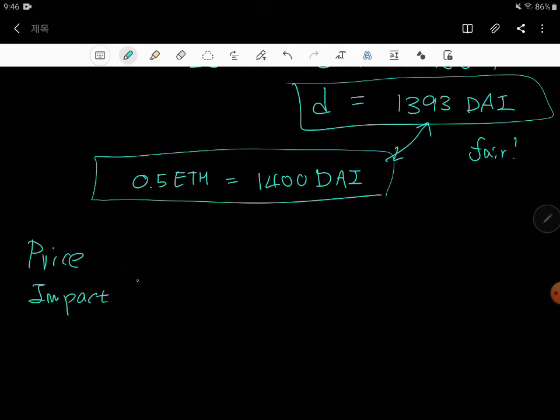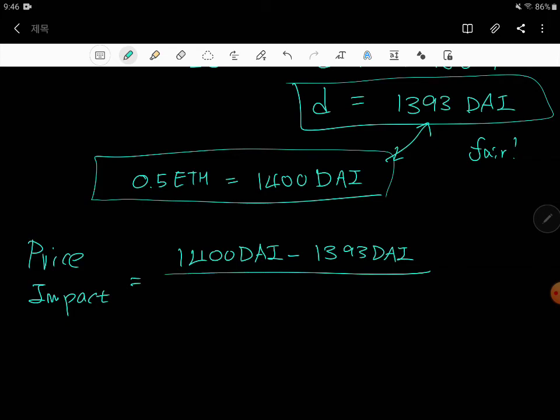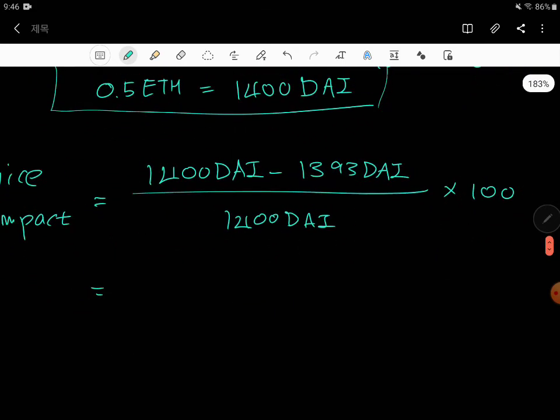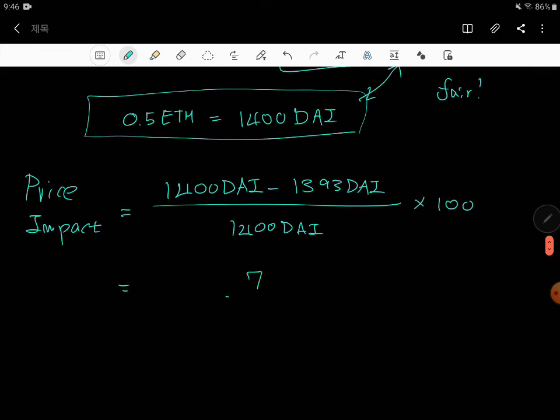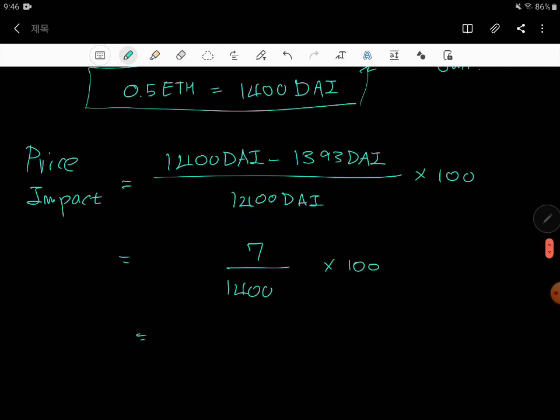In terms of a percentage, so the rate here we know is 1,400 DAI minus 1,393 DAI, divided by 1,400, times 100. And 7 DAI over 1,400 gives you 0.5%. So the price impact is much smaller when you have a bigger pool.